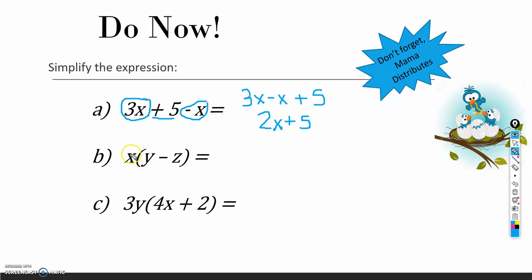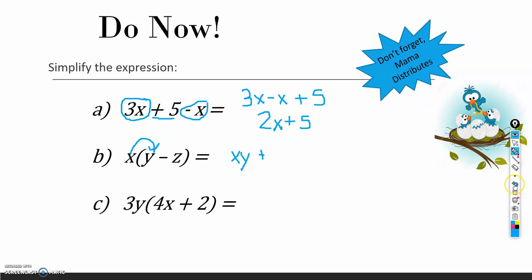Let's use a little Mama distributes here. Mom is going to distribute evenly to the babies in the nest. I have a baby y and a negative baby z. And Mom is going to feed both of the babies. So we have x times y, excuse me, plus, oh, excuse me, that's not a plus, is it?